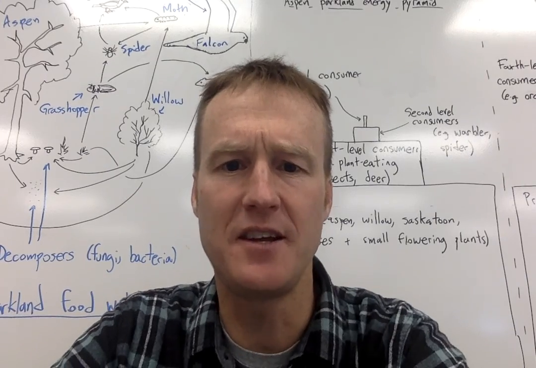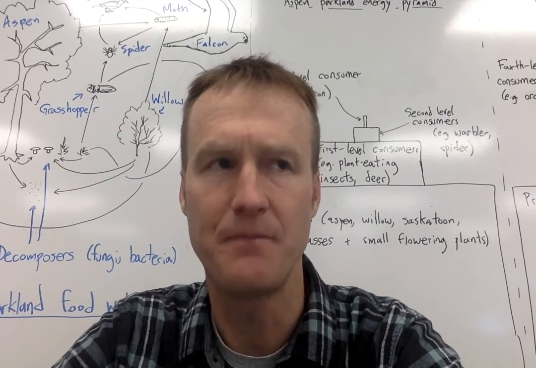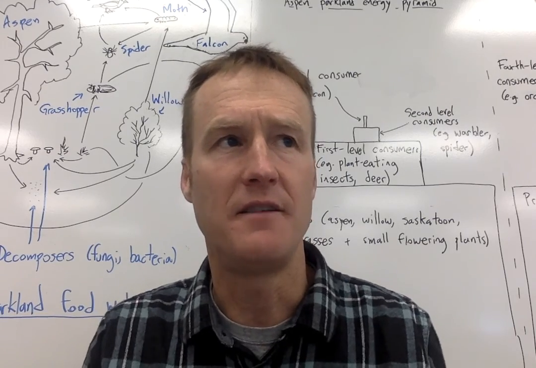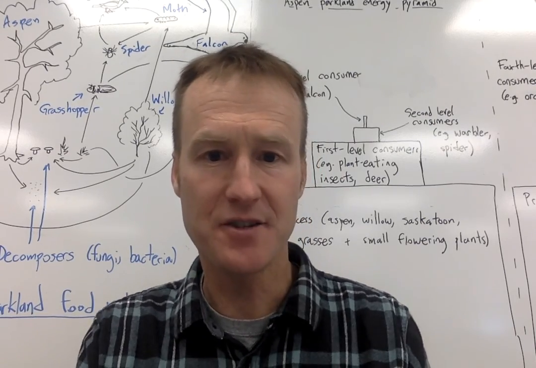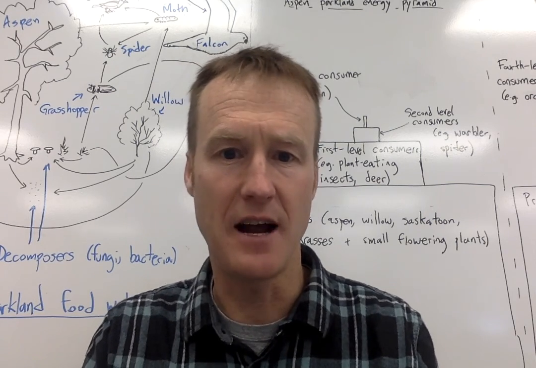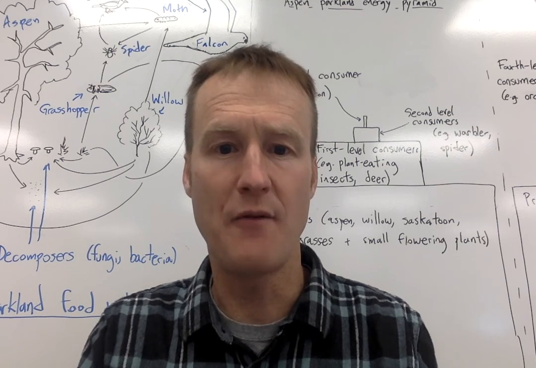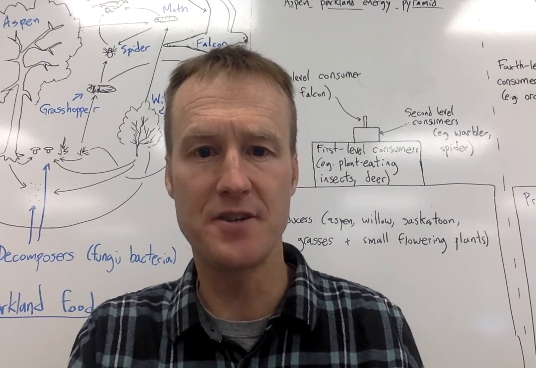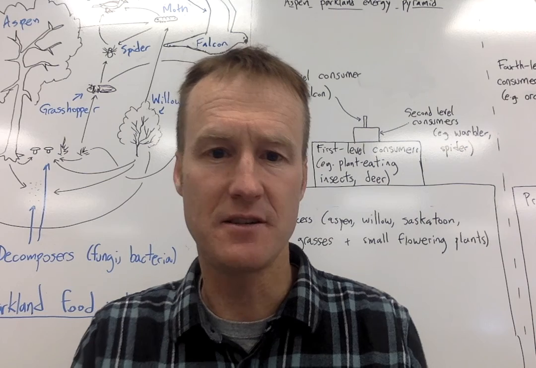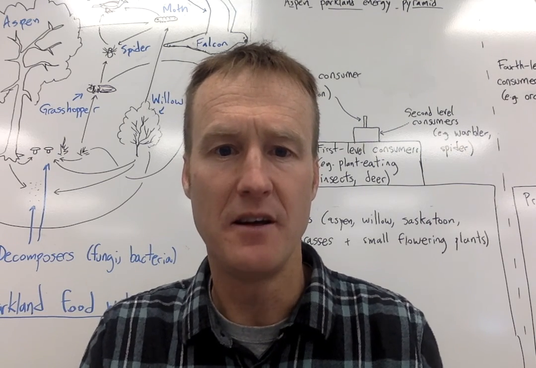Food web is basically a who eats who of any kind of ecosystem. Any place in the biosphere where living things interact with each other and with their environment is an ecosystem. Any such place will have a food web. You have different organisms, some of which eat each other, and often they're extremely complicated.